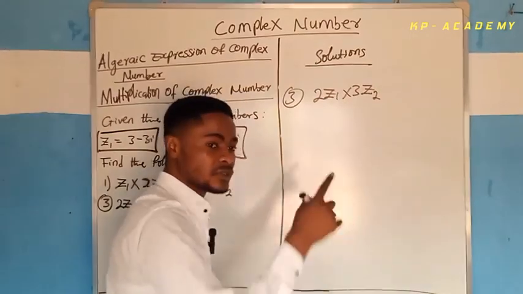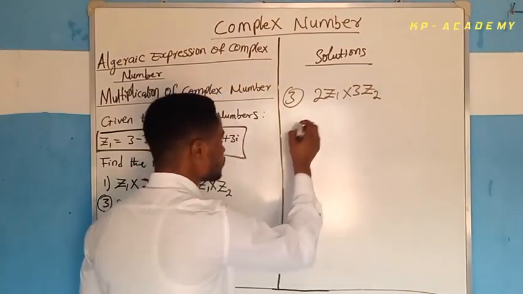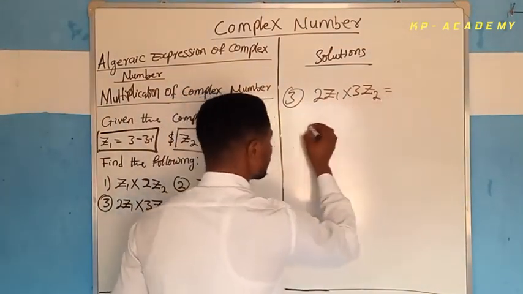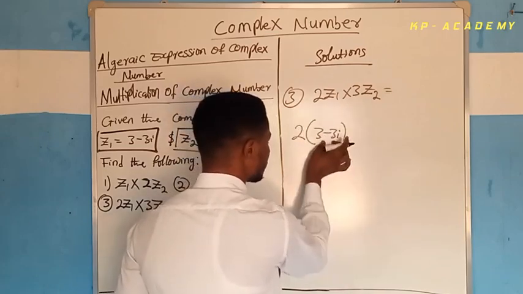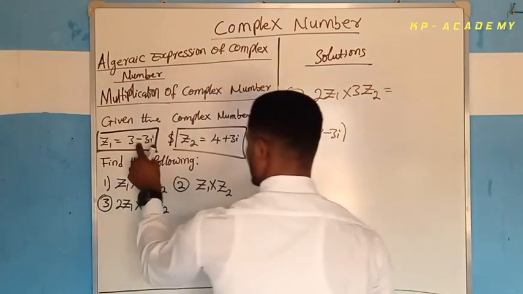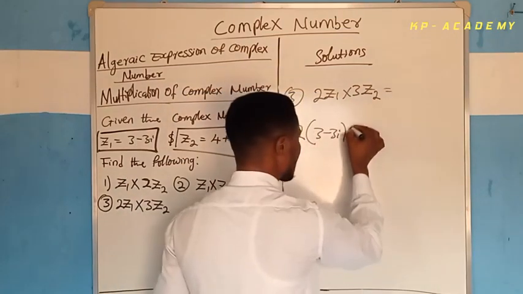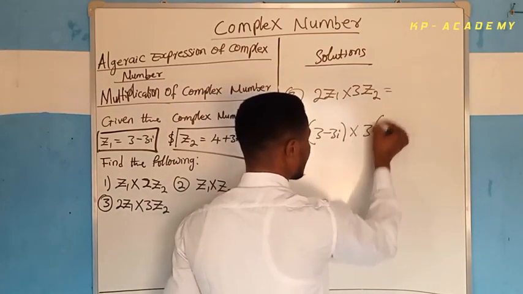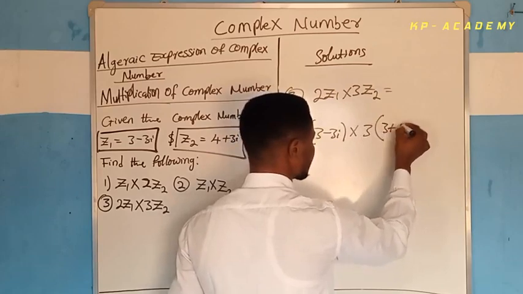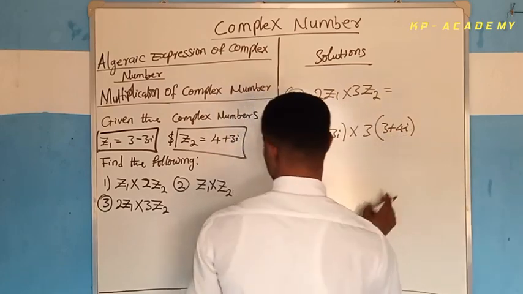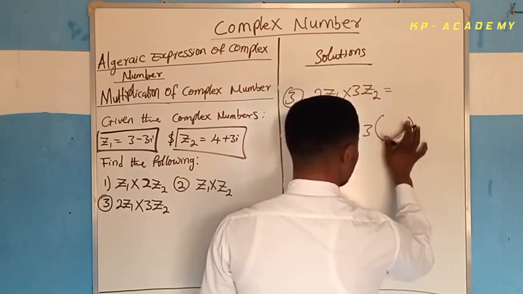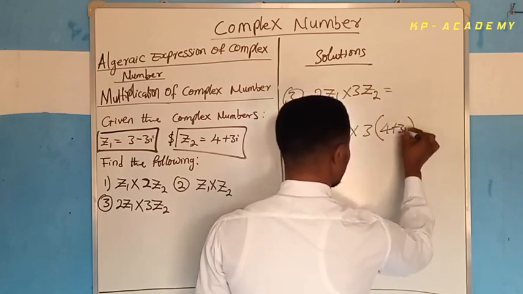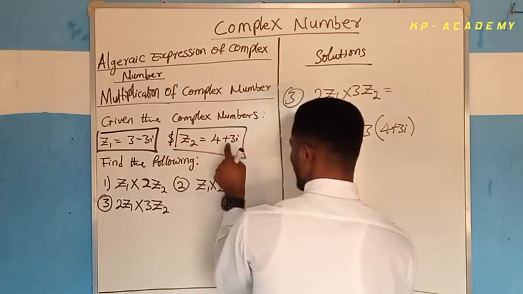This one is more similar to the first case we've seen. So this is equal to 2 into 3 minus 3i, where this 3 minus 3i is our z1, then times 3 into 4 plus 3i. Okay, this 4 plus 3i is our z2.